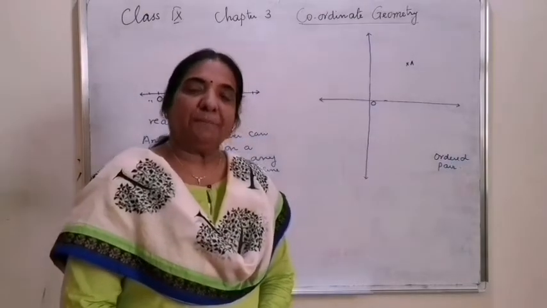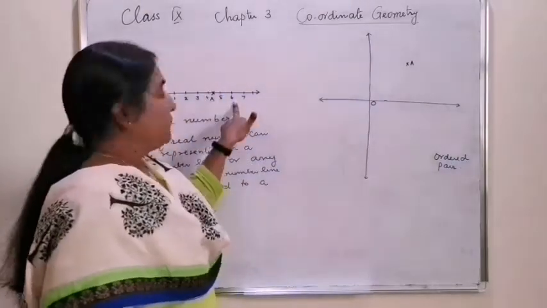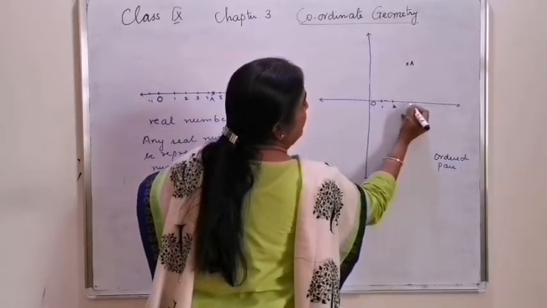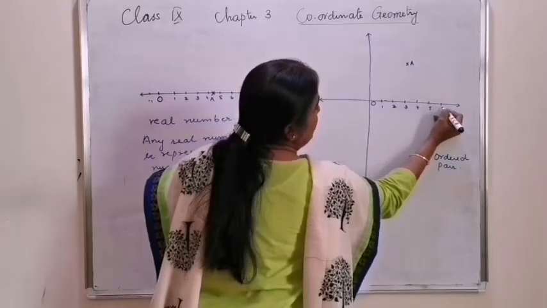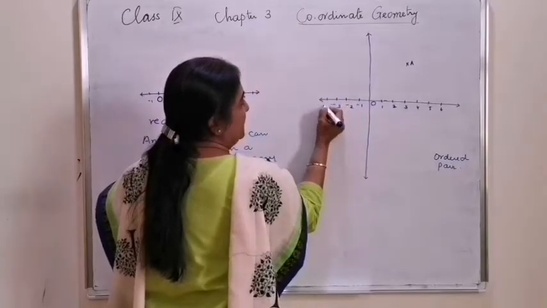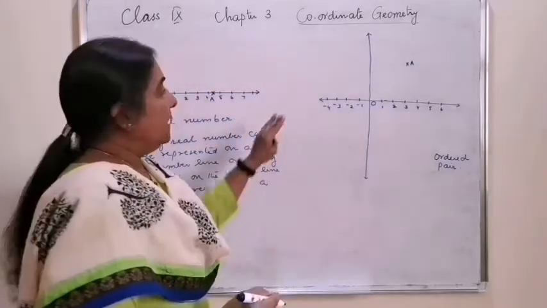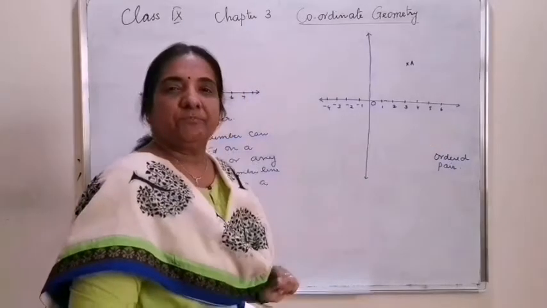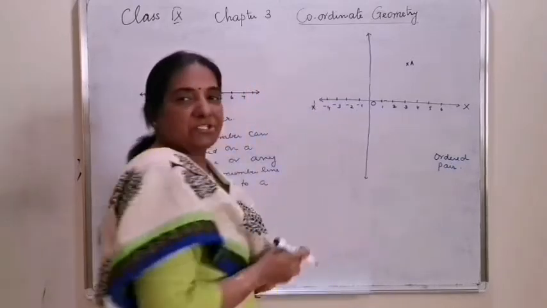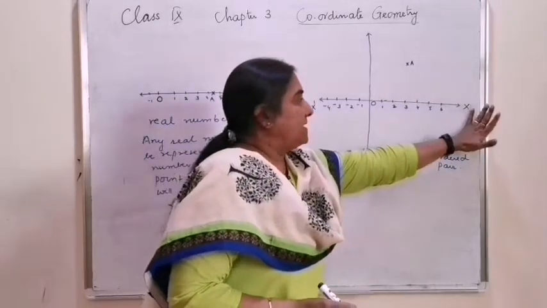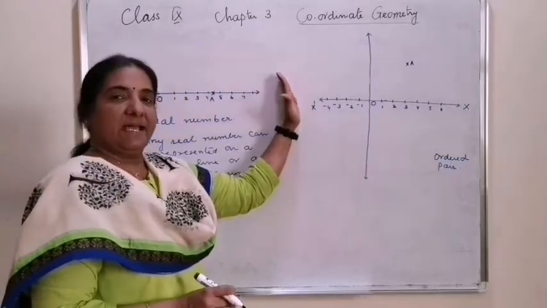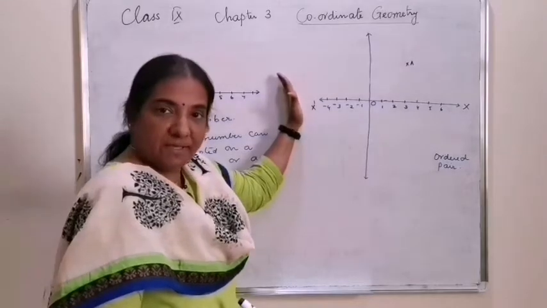As they are two perpendicular real number lines, let's plot the points at equal distance on this number line: -1, -2, -3, -4. The horizontal number line we always call x o x dash. The x part represents the positive side and the x dash direction shows the negative part.